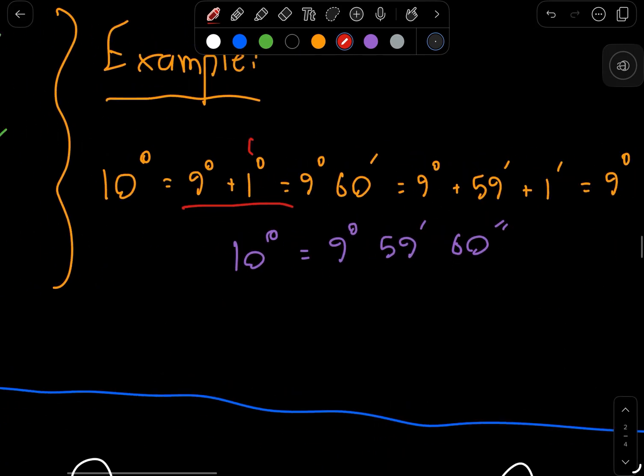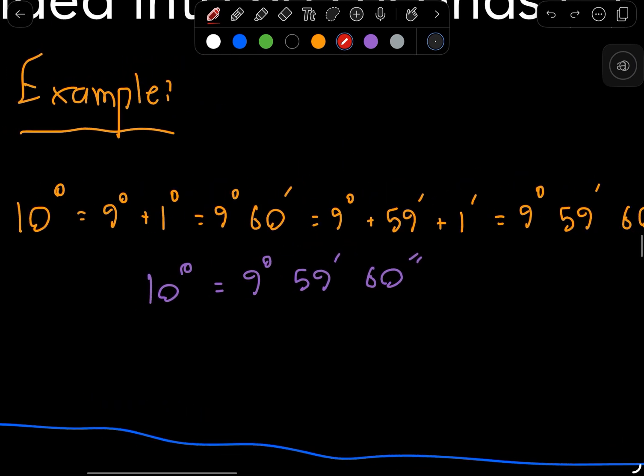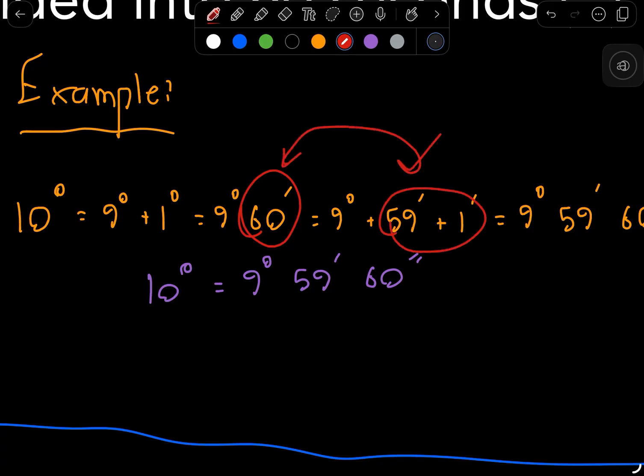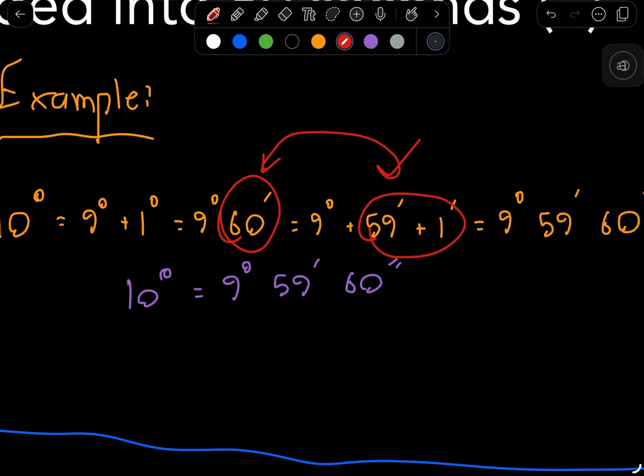So we can convert this 1 into 60 minutes. We can split that 60 minutes into 59 plus 1, because remember, 59 minutes plus 1 minute equals 60. So 59 plus 1 here would correspond to the 60 in the previous step.